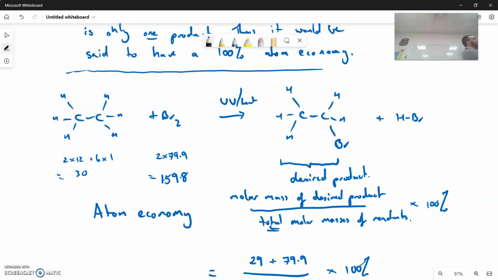Now, we don't just count the atoms. Yes, it's a measure of how efficiently the atoms are used up, but we're looking more to the molar mass of the atoms.